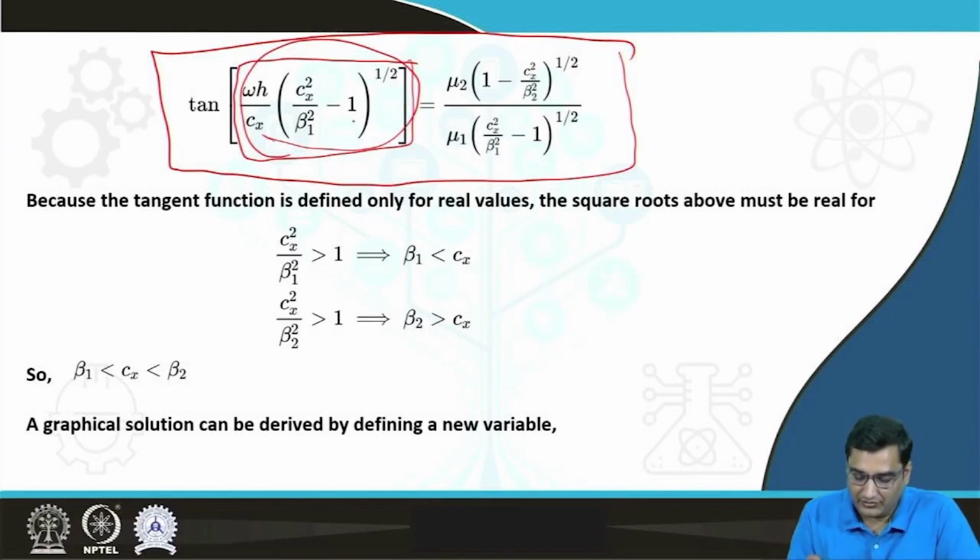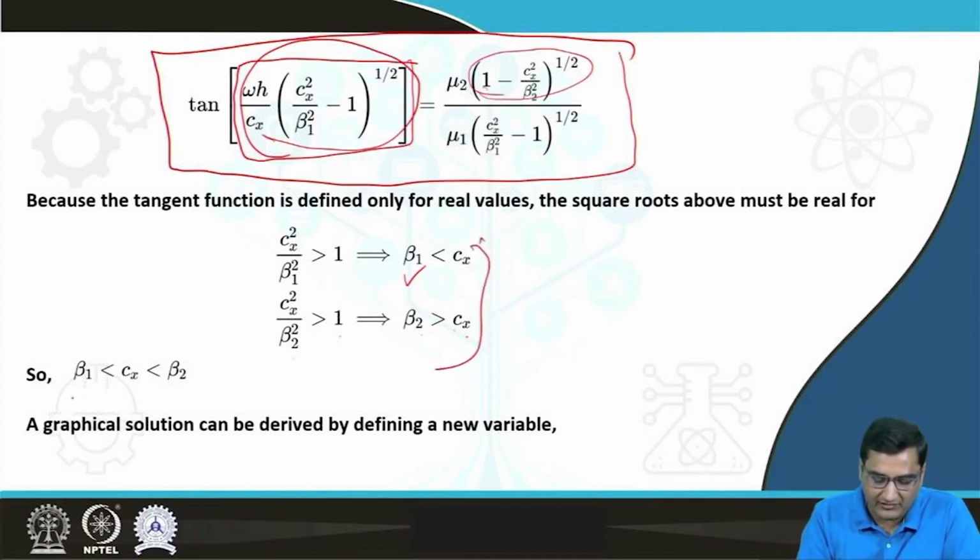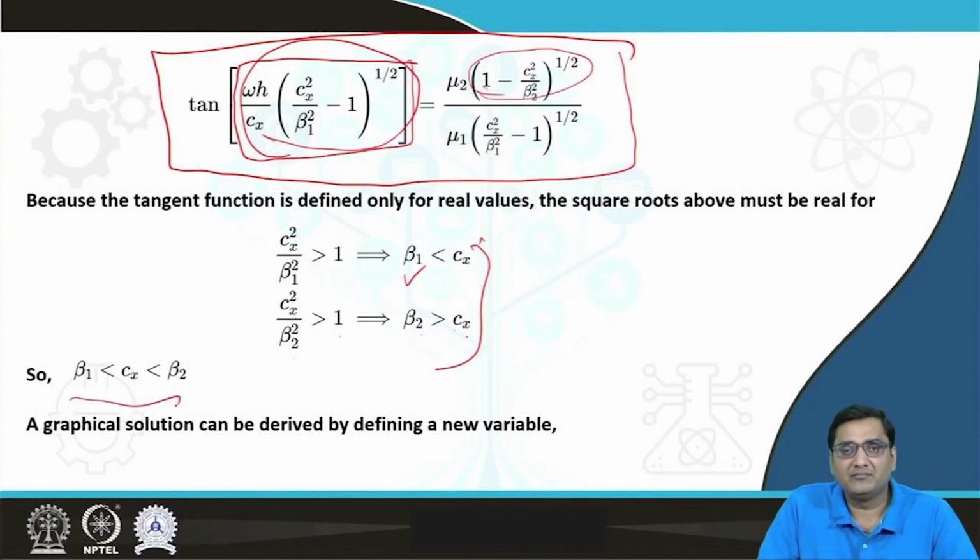When we do so, we get cx square by beta 1 square is greater than 1, that means beta 1 is less than cx, and 1 minus cx square by beta 2 square should be greater than 0, that means cx is less than beta 2. So when you combine these two things, you get cx is in between beta 1 and beta 2.